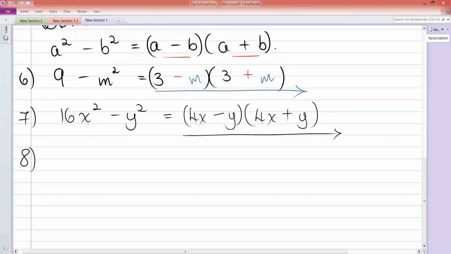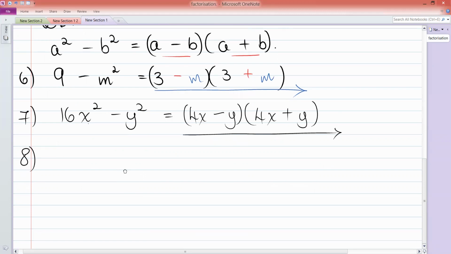Okay, let's do something where you're going to have to apply your minds a little bit further. Okay, so now 49b squared minus 25c squared. Let's factorize this one. Okay, it's also a difference of 2 squares. You have to think about, okay, is 49 a perfect square?